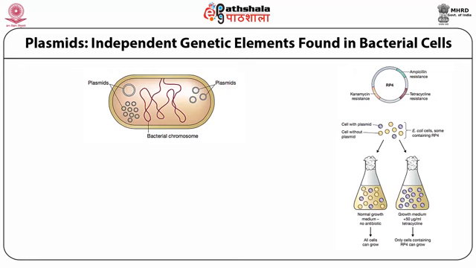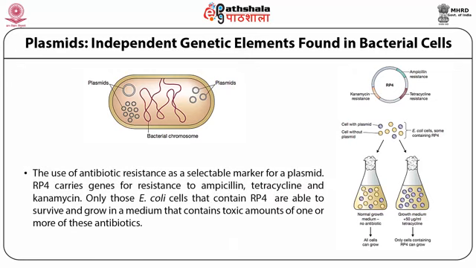In other words, antibiotic resistance is used as a selectable marker for a plasmid. As I just mentioned, RP4 carries genes for resistance to ampicillin, tetracycline, and kanamycin. Only those E. coli cells that contain RP4 are able to survive and grow in the medium that contains toxic amounts of one or more of these antibiotics.